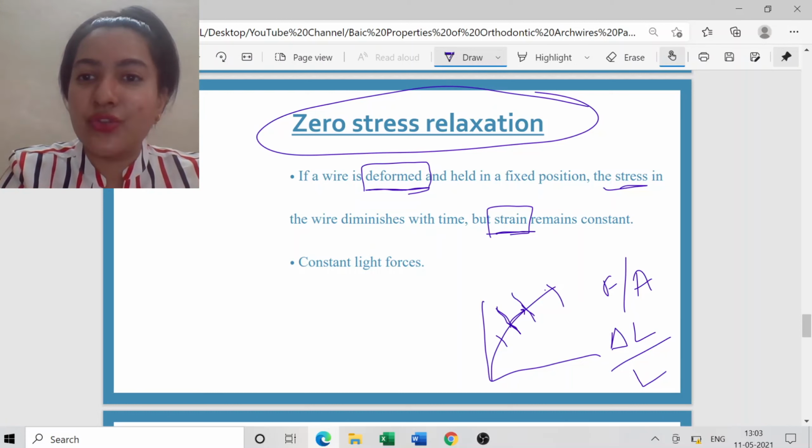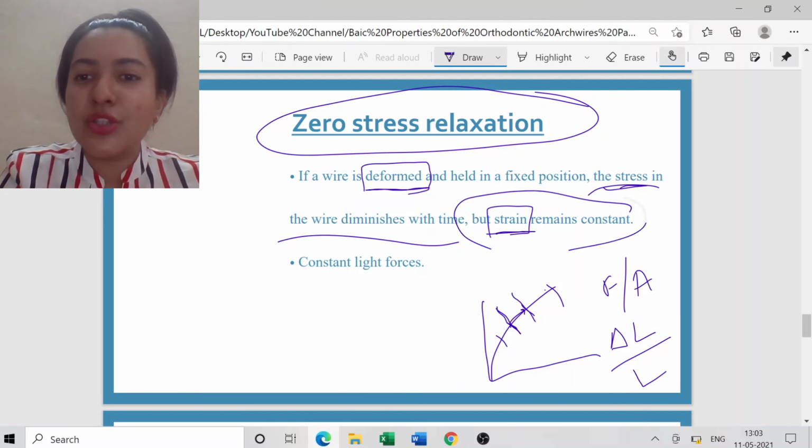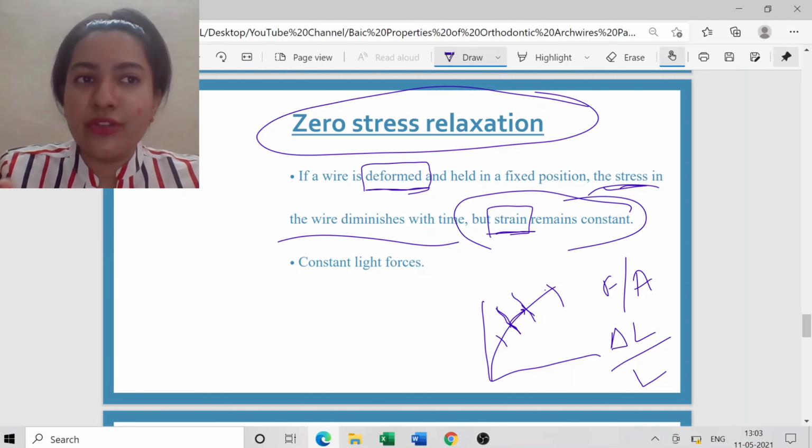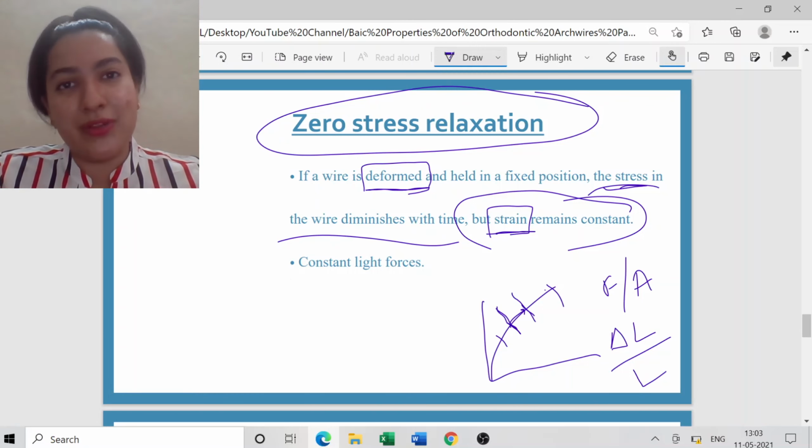As a result, the stress in the wire diminishes. But strain remains constant, because the dimension of the wire has changed now. It has been deformed, so the dimension cannot change again, right? So the strain remains constant.